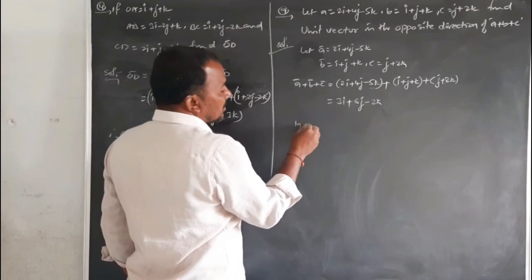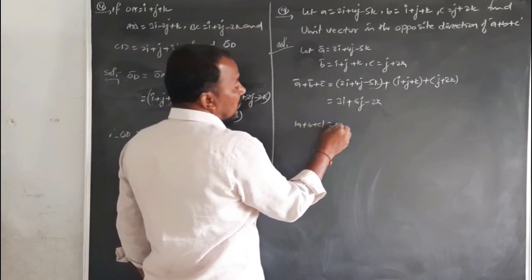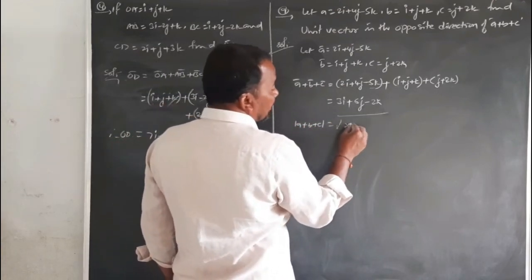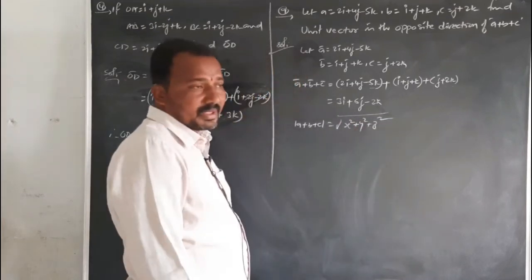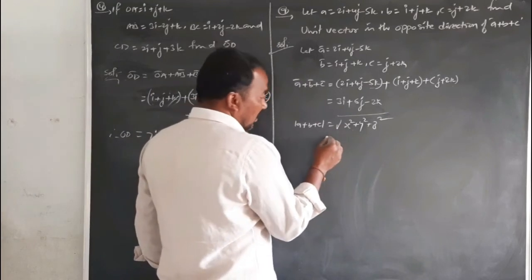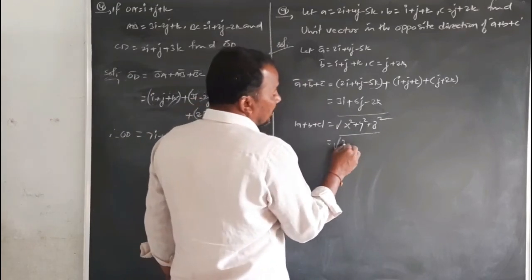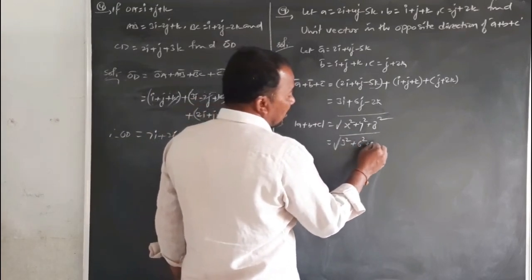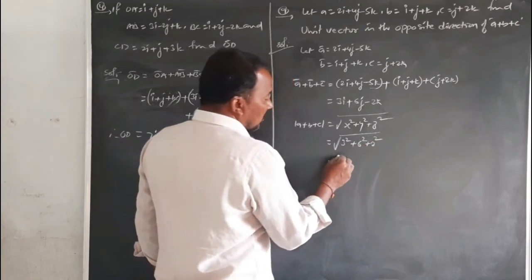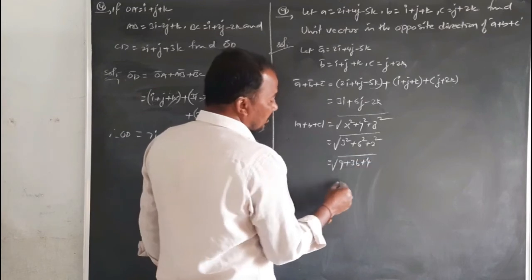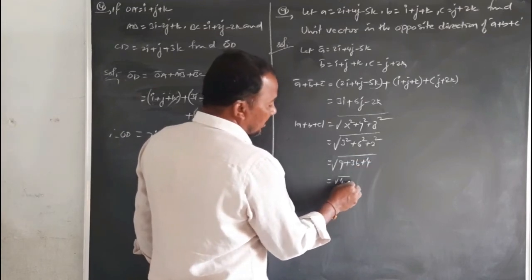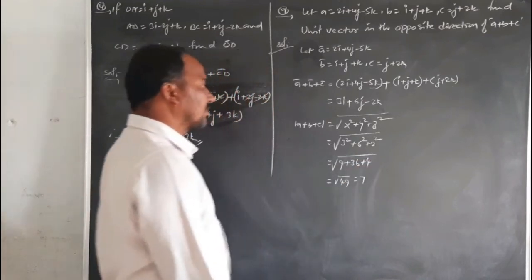Mod of A plus B plus C is under root of x square plus y square plus z square, under root of 3 square plus 6 square plus 2 square, 9 plus 36 plus 4, root 49 equals 7.